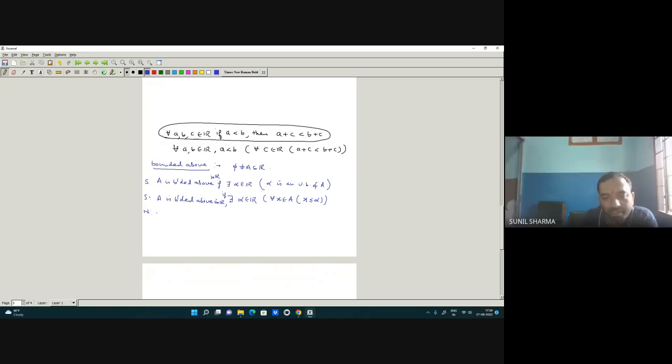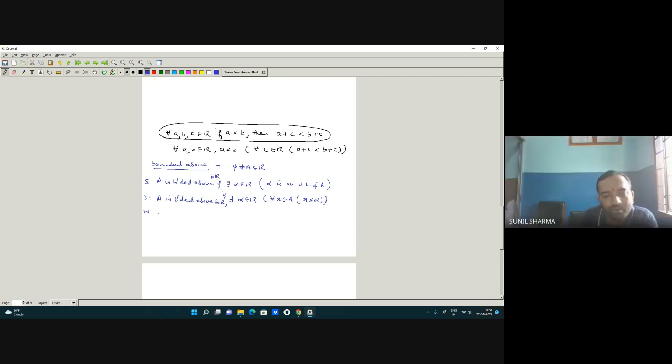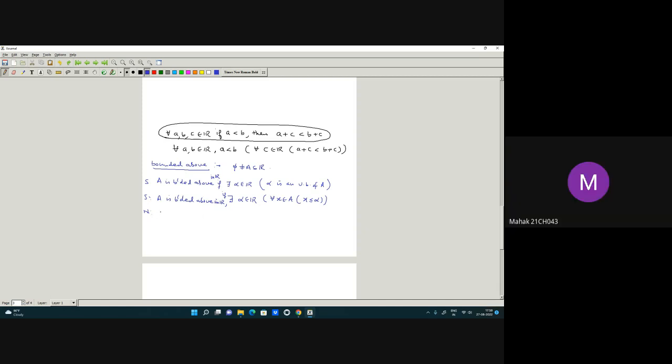So A is bounded above in R, or is this part remaining the same? Yes, Mehak. No, sir. A is not bounded. A is bounded below. Bounded below, not bounded above.